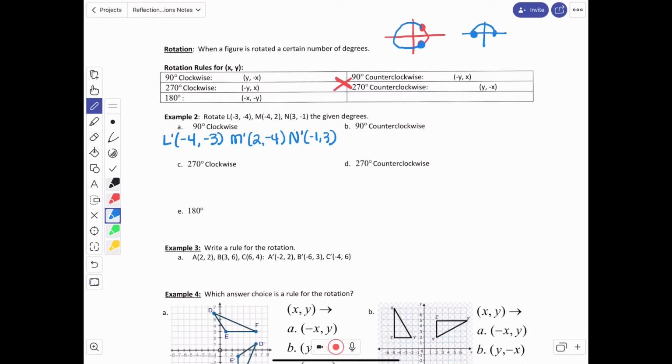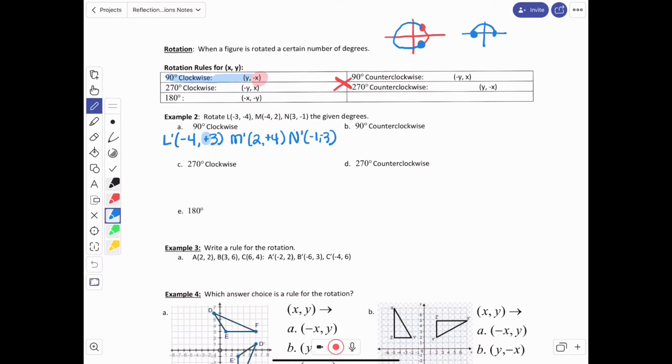Right now we're doing the 90 degree clockwise rotation, and notice the X is what we're changing the sign of. So I need to go back and change the sign of my X's, giving them the opposite sign. So the 3 becomes positive. The 4, I need to make positive.